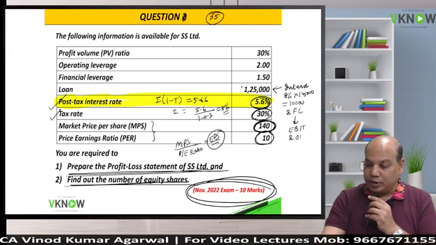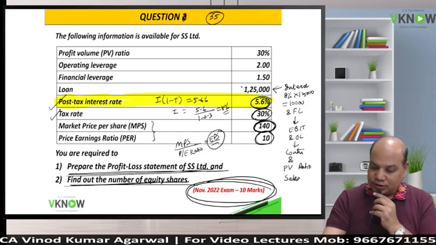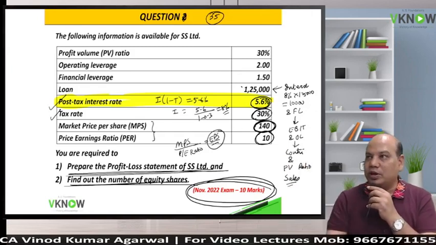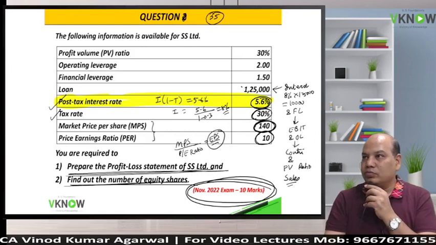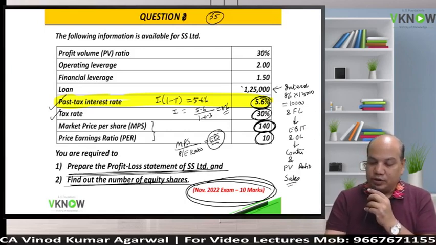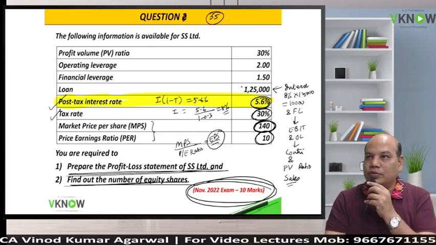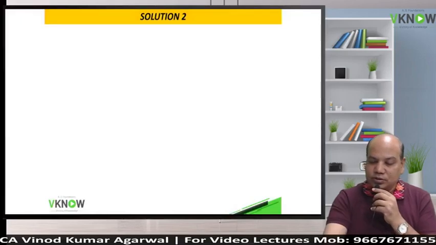From EBIT and operating leverage, you can find contribution. From contribution and profit volume ratio, you can find sales. Then we can prepare one income statement. We will get earning after tax. Earning after tax divided by EPS will give you the number of equity shares. Is it right? So write down the answer.